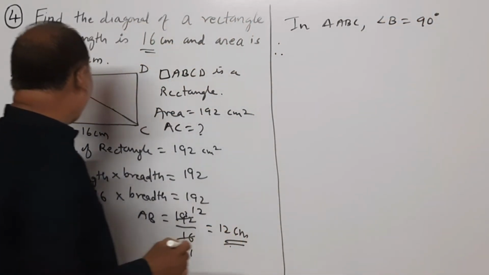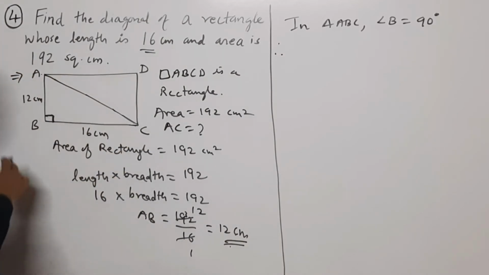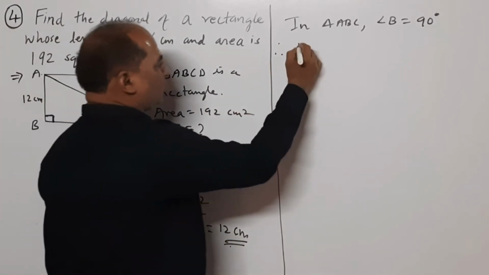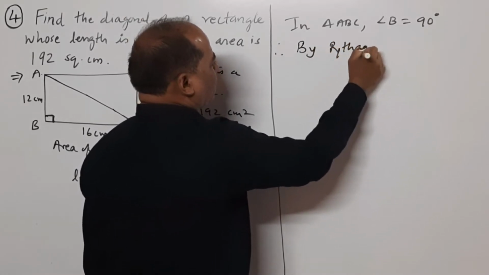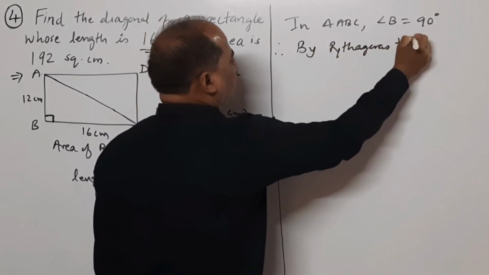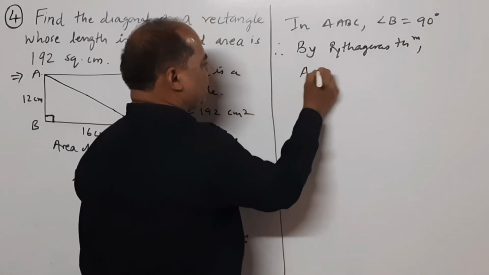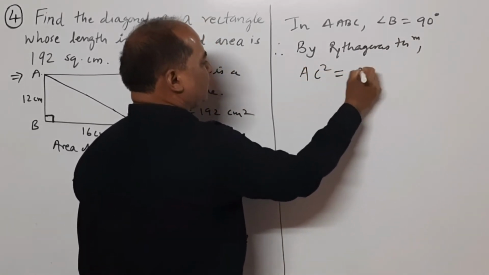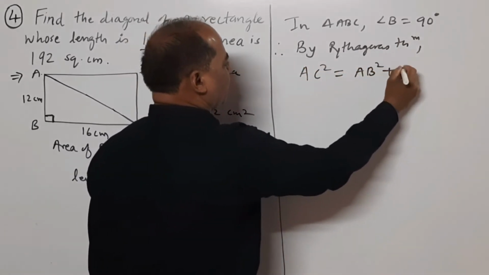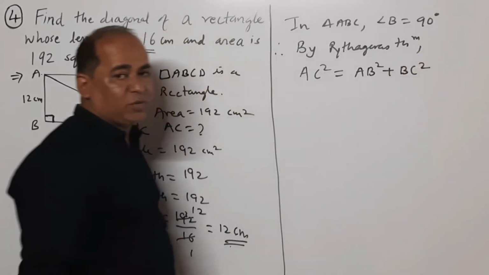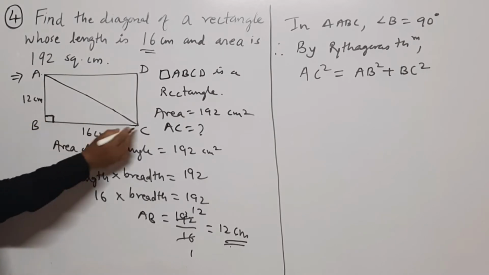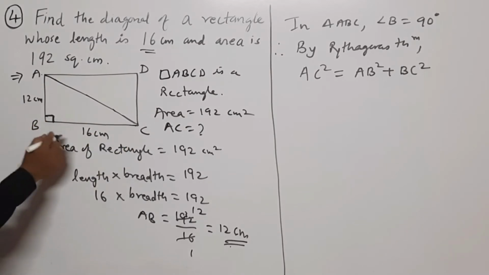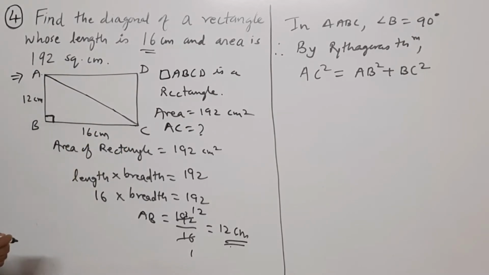Therefore, by Pythagoras theorem, the square of the hypotenuse, that is AC, is equal to AB square plus BC square, where AB is 12 and BC is 16.